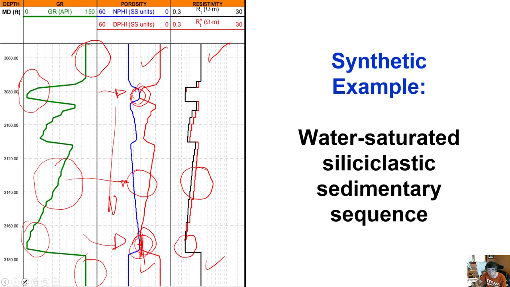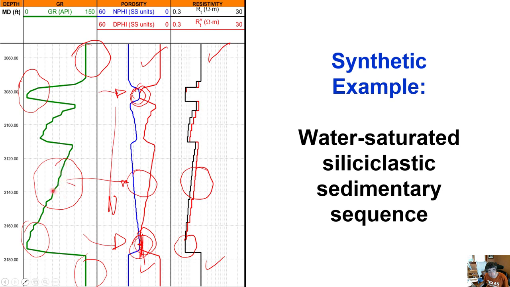What's going on here? Well, what's going on here is that the reason why the gamma ray log has increased over here is because the sequence that we observe here is actually a shale-laminated sequence.